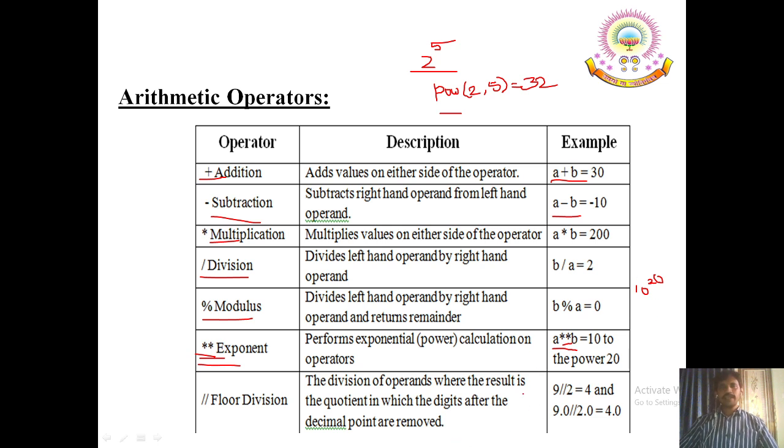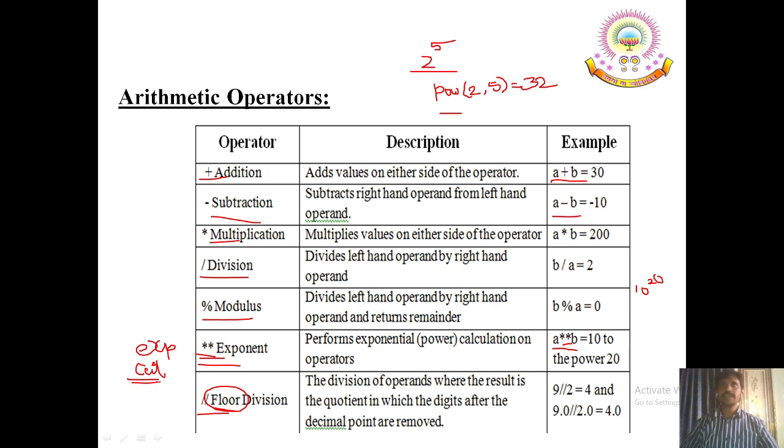Next, another special operator is floor division. Here, what is meant by floor? We have a function in C programming called, what is that? Ceil. Sorry, I forgot it. The ceil function is used to get the nearest upper integer value for the given numeric value.